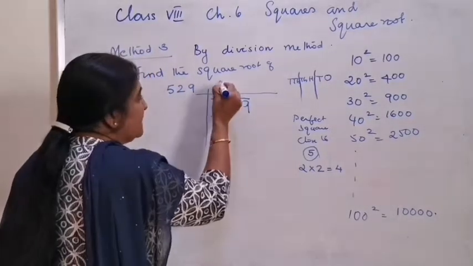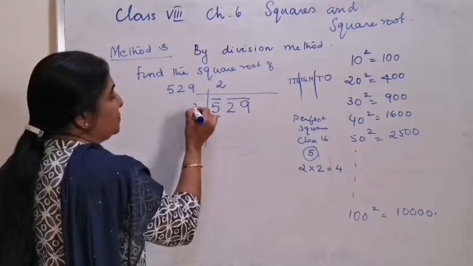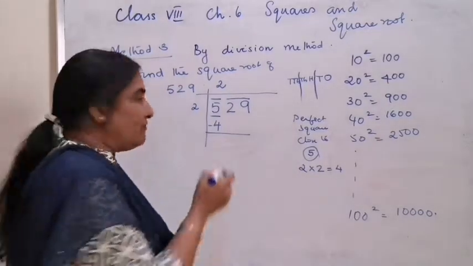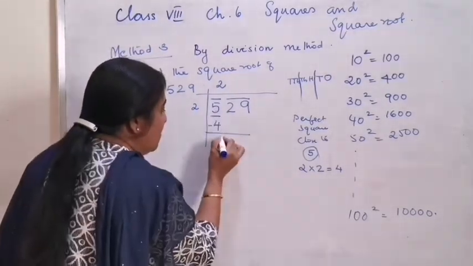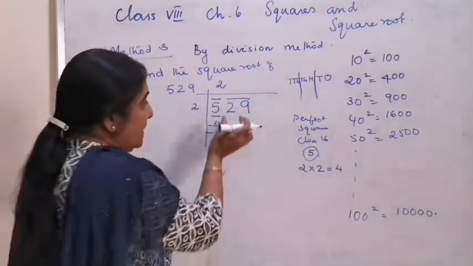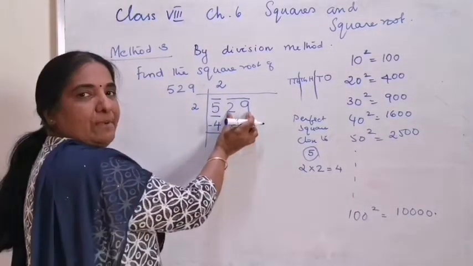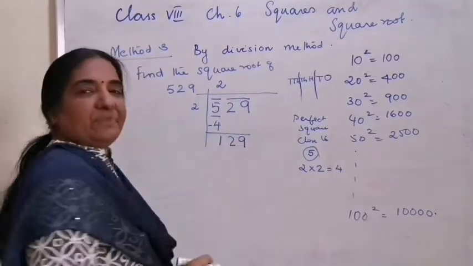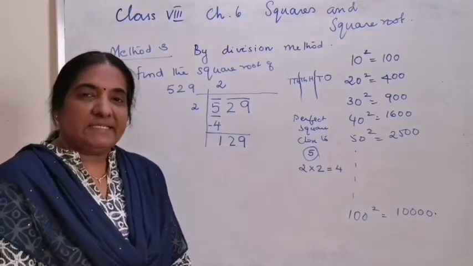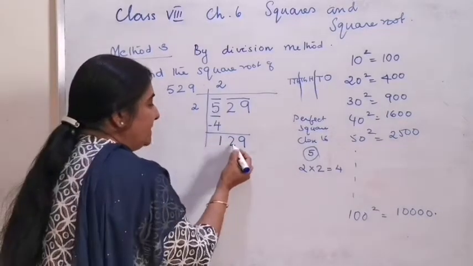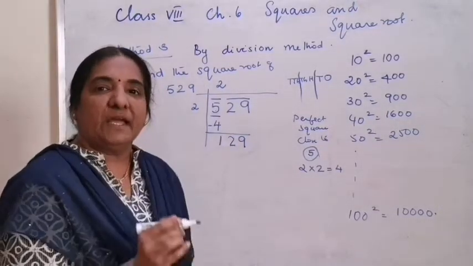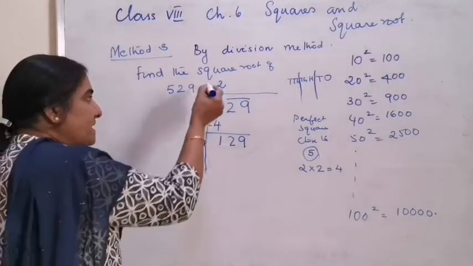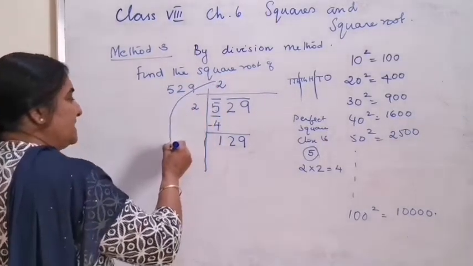So you can write here 2, here 2, 2 twos are 4, and the normal subtraction of 5 minus 4 is 1. The digits under the same bar will be written down, that is, the number is 129.